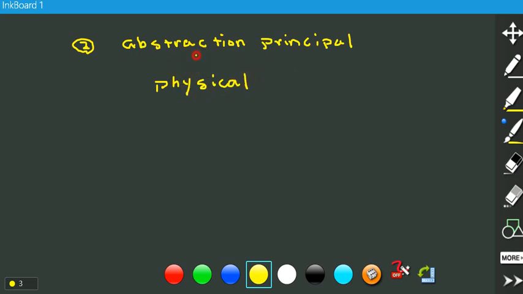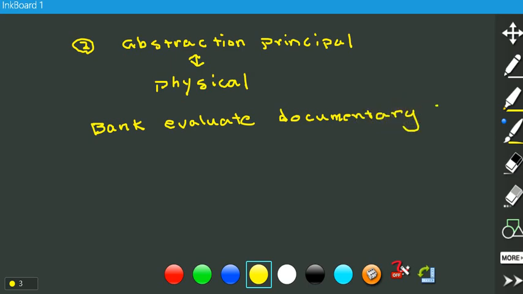Okay, this is the opposition concept of physical, meaning that the bank evaluates documentary fitness, not physical inspection.